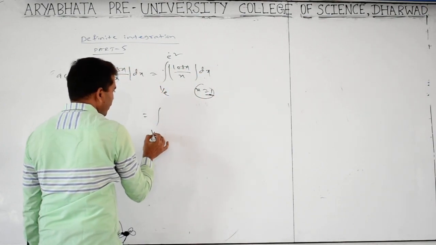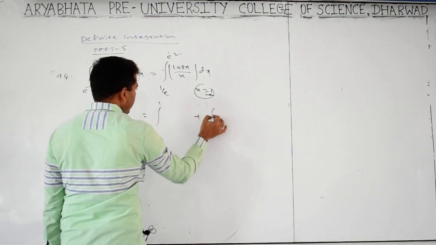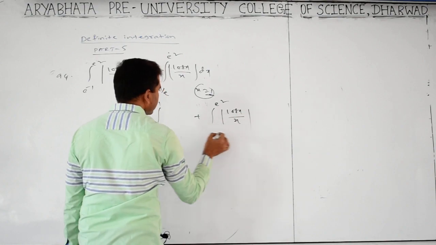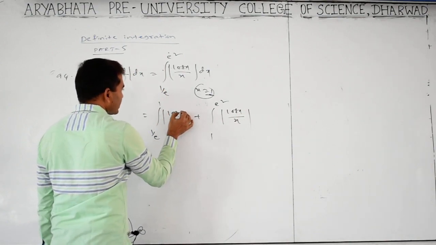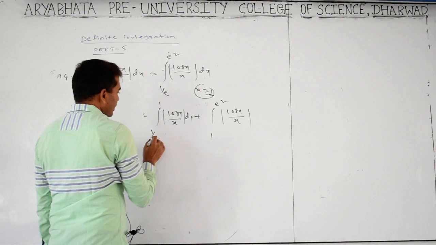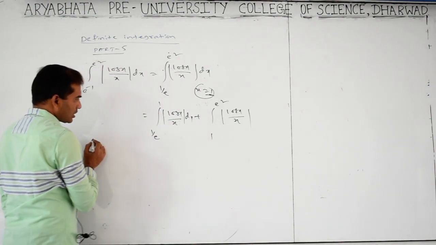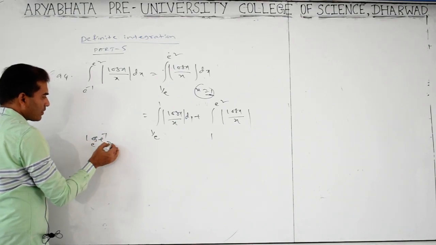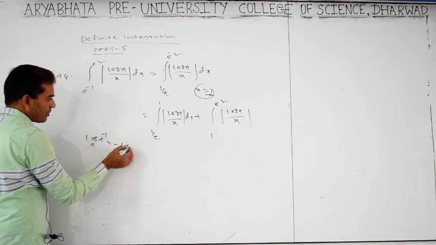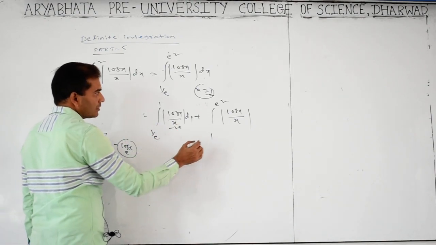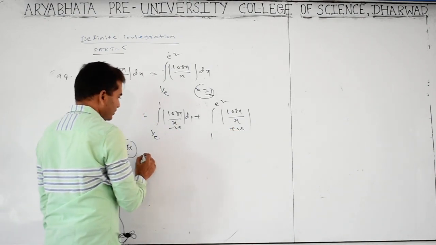So integration of 1 by e to 1 plus 1 to e squared mod of log x by x dx. This part is negative, because below 1 you get negative: log of e power minus 1 base e gives minus log e base e, which is 1, so minus 1, negative. The other part is positive.